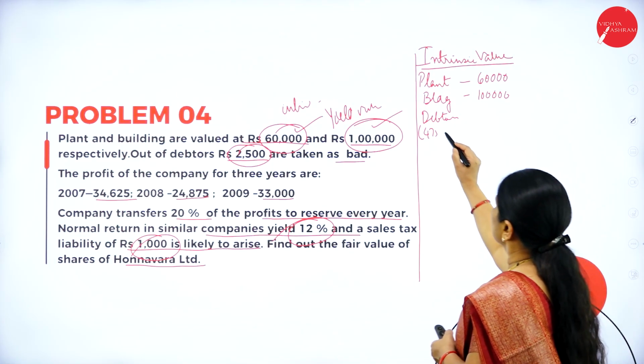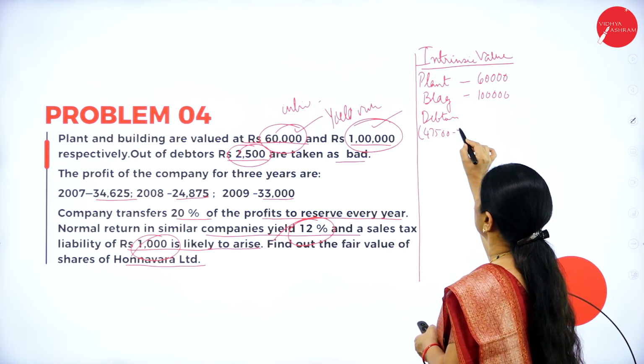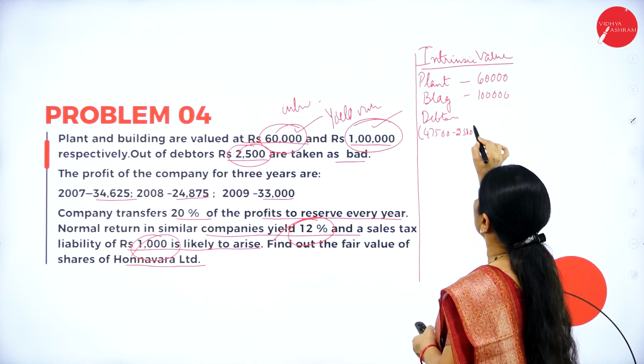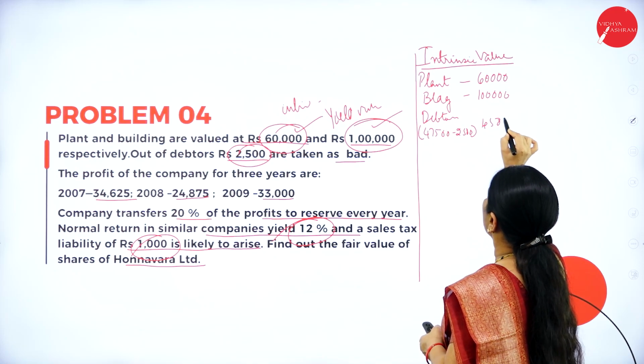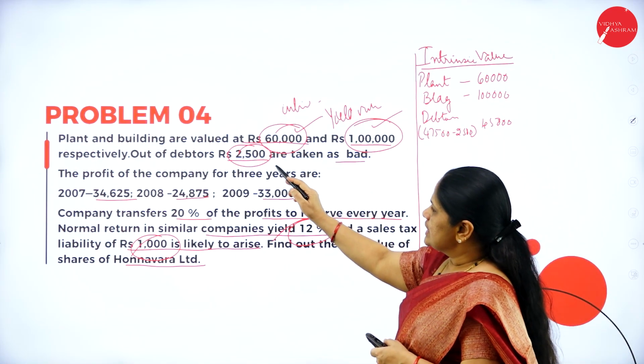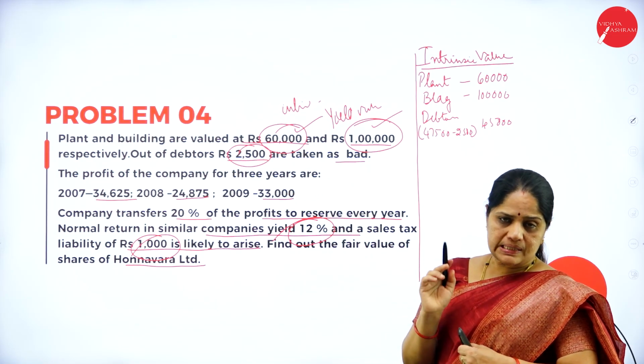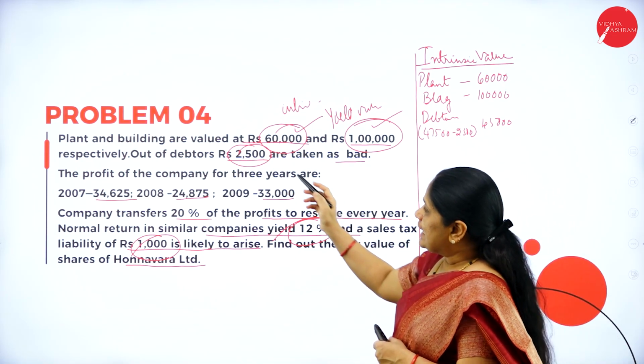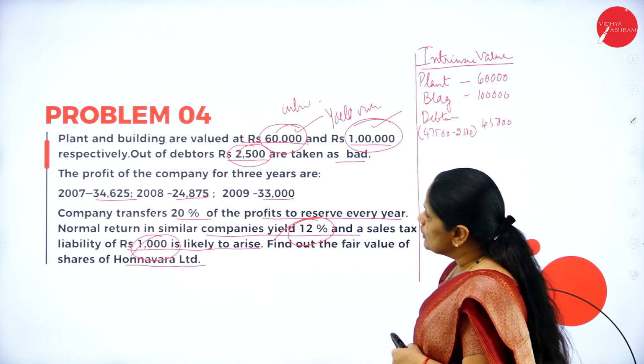47,500 minus 2,500, so debtors value is 45,000, because they have told that there is a bad debt of 2,500 rupees.